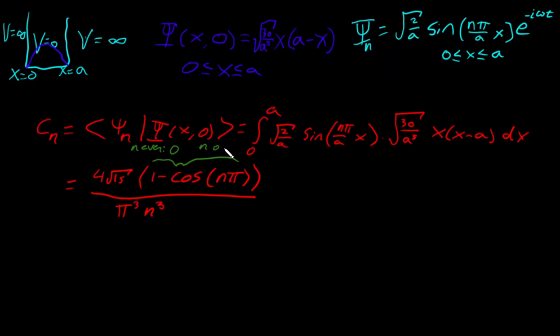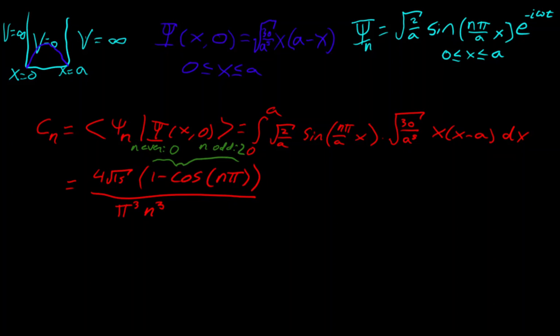So apparently this wave function, if we have it in this initial state, can't have an energy with a value of n that's 2, 4, 6, 8, any even number. For n odd, cosine of pi or cosine of 3 pi is negative 1. 1 minus negative 1, that's 2.